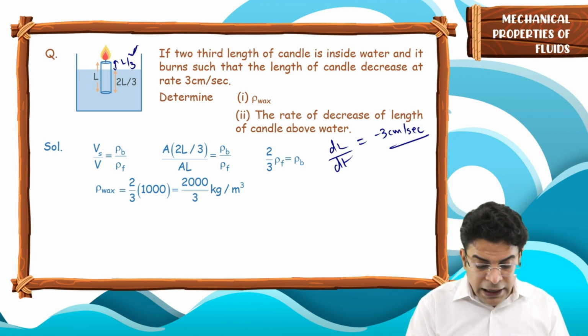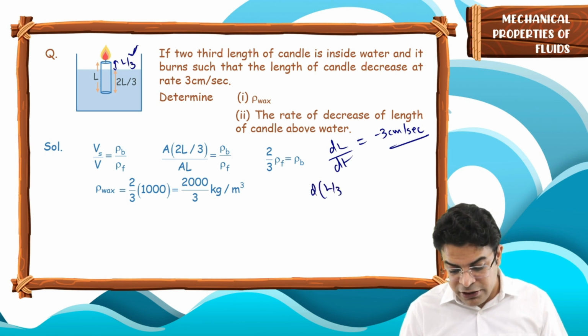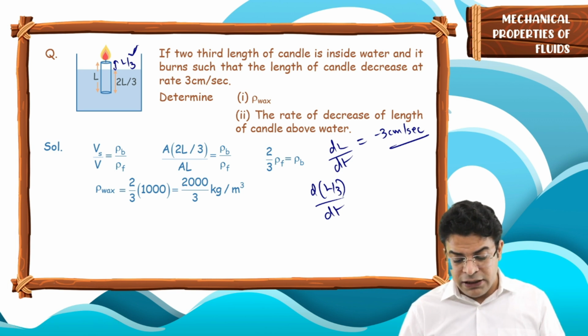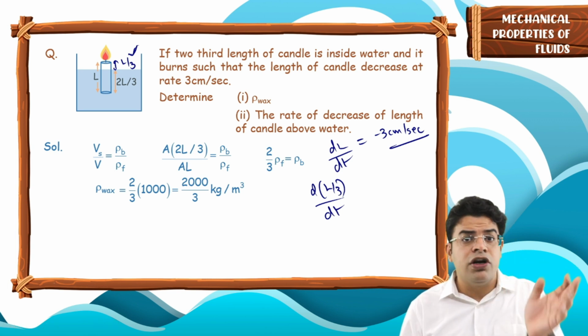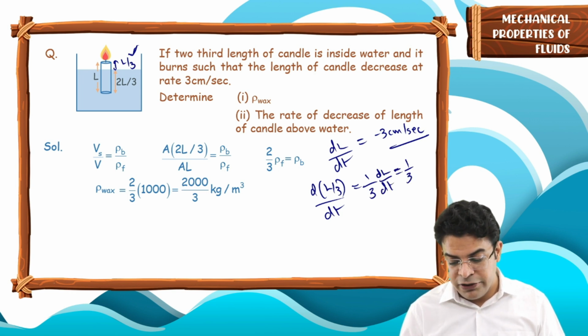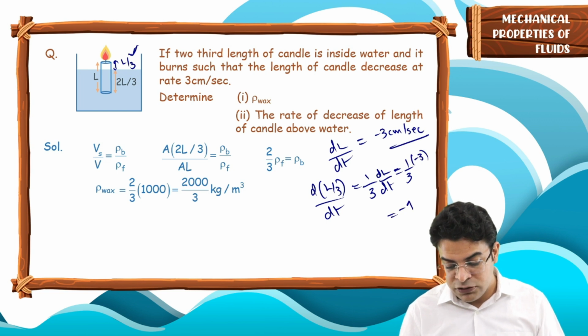We need to find d(L by 3) by dt because 1/3 of the total length is outside. 1 by 3 is a constant, so you can pull it out of the differentiation. You get 1 by 3 times dL by dt, and dL by dt is -3, so you get 1 by 3 times -3, which is -1.